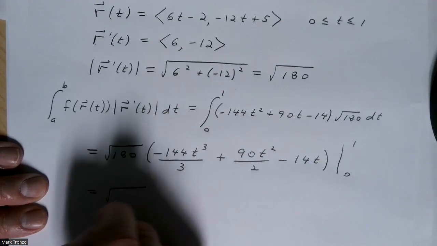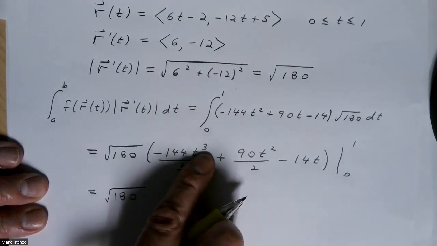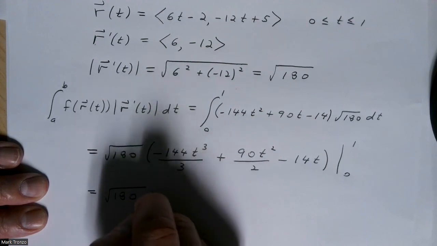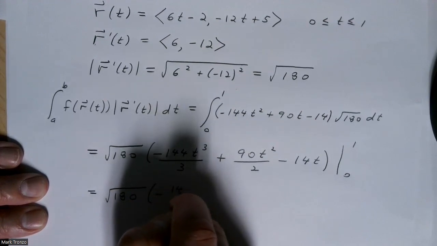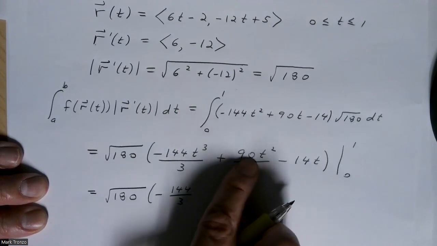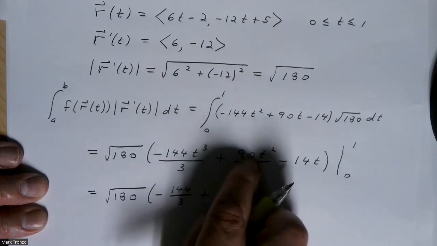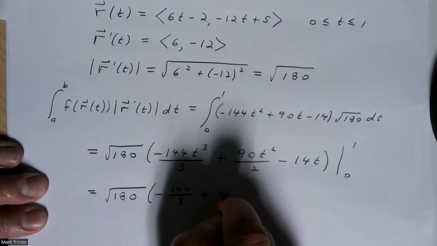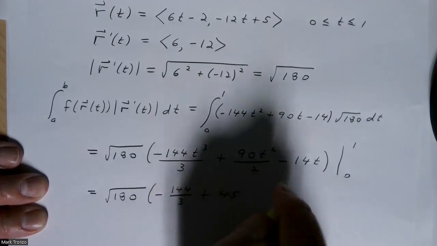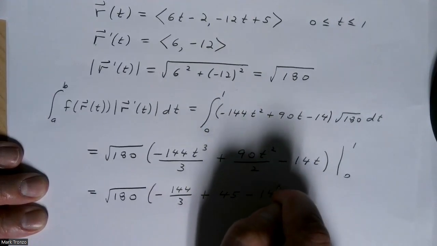Then we're going to have the square root of 180. And of course, 1 cubed is going to be just 1. So I can just make this 144 over 3. And that's going to be 1. And that's going to be 45 when we divide 90 by 2. And then this would be 14 times 1.